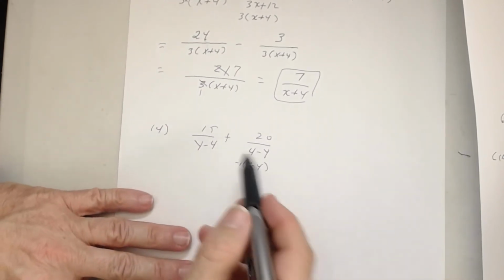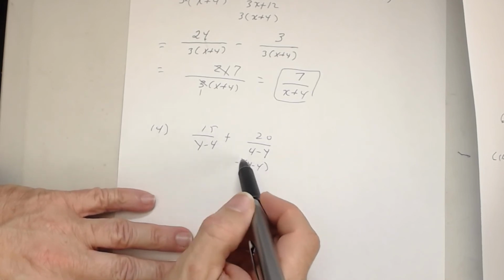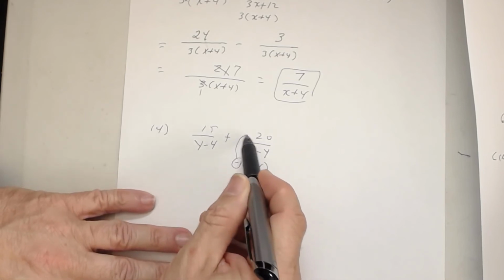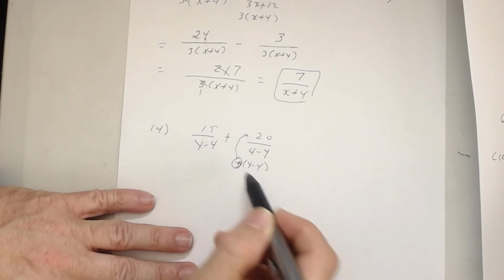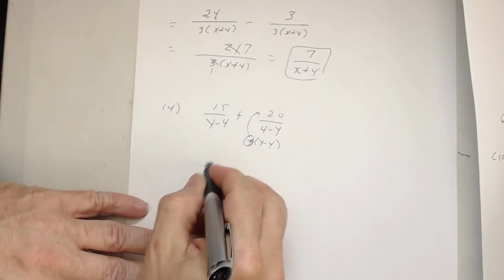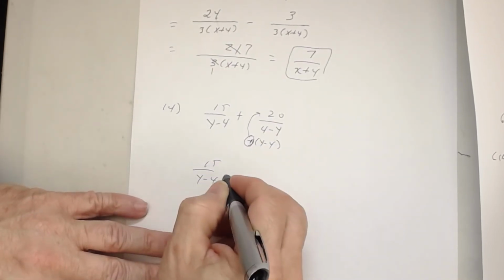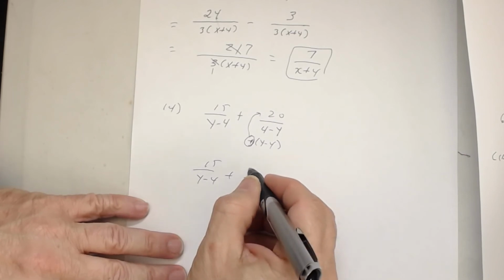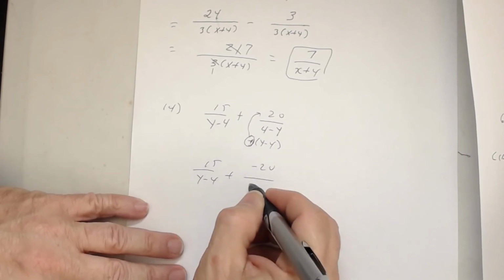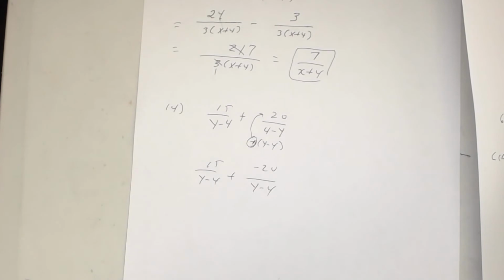Now since this is a -1, let's just bring this to the numerator. We write this as 15 divided by y minus 4 plus a -20 divided by y minus 4. And you're almost done. Now guys, do I have to find the LCD?